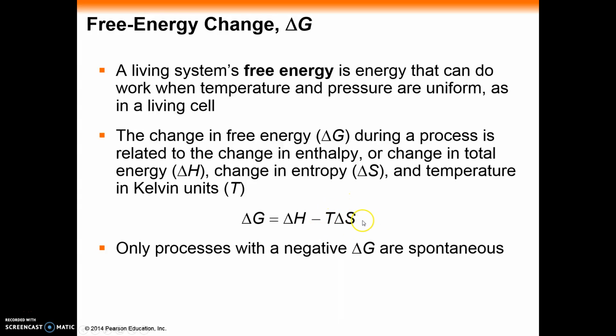This is also true for a change in entropy. Remember the second law of thermodynamics. Once an increase in entropy, here, it has a negative sign in front of it. So an increase in entropy produces a negative delta G. Okay, so these are two ways that we can get there.